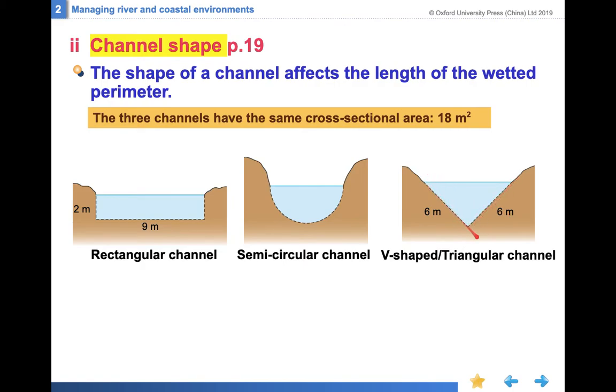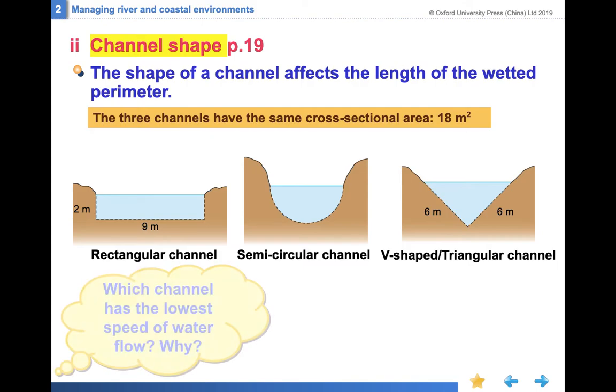So for these 3 channels, their cross-sectional areas are the same, 18 and 18. But which one do you think they can go through faster? We need to do a little bit of calculation.